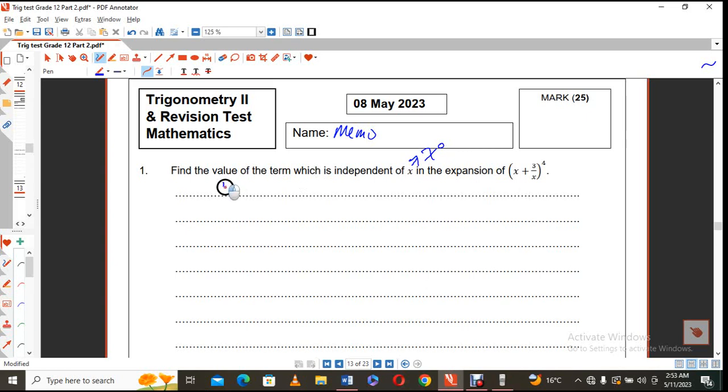Alright, then I suggest maybe you use Pascal's triangle, and you should be familiar with Pascal's triangle at this level.